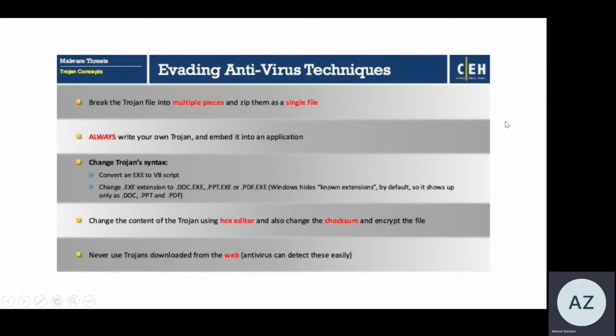It's just like changing an image from a JPEG by adding a .bmp extension to it. Change the content of the Trojan using a hex editor, also change the checksum and encrypt the file. Never use a Trojan downloaded from the web. As I said, don't do that. Create your own.